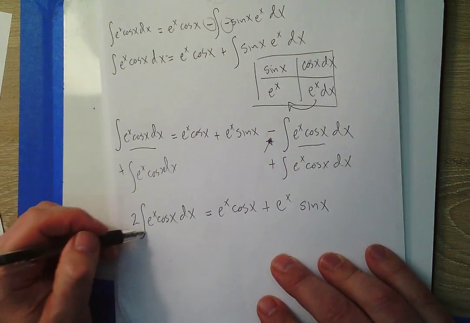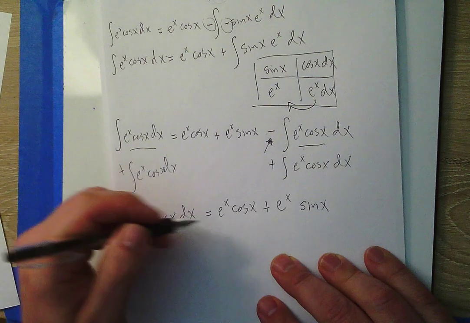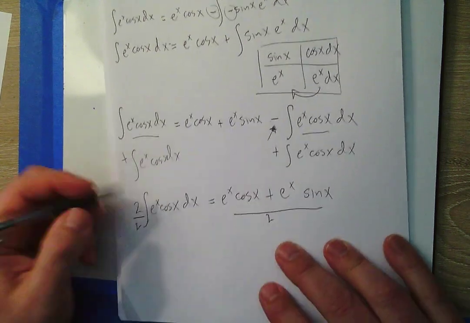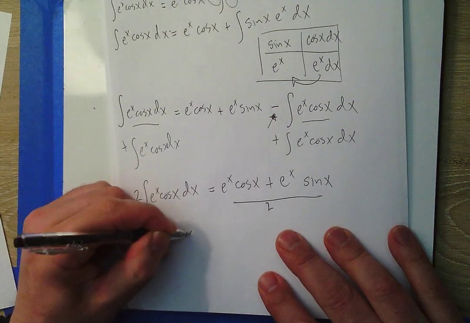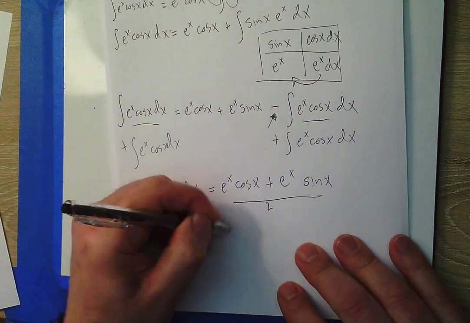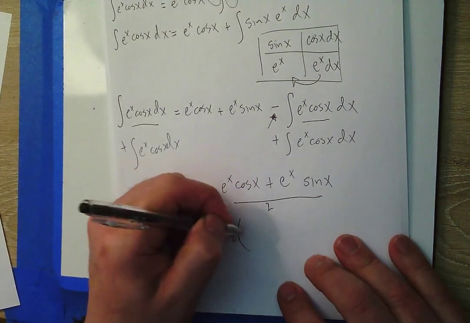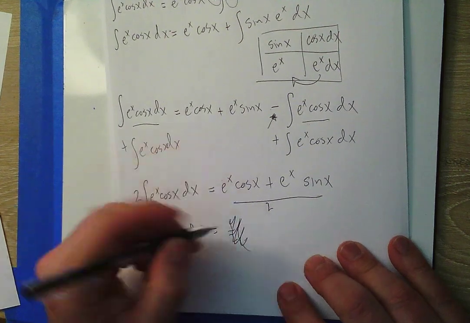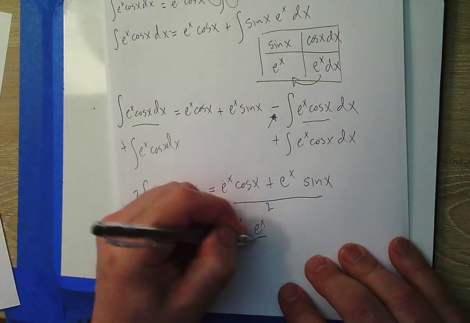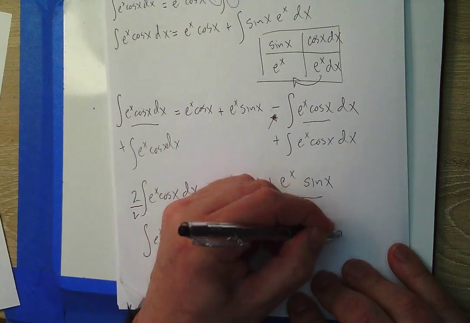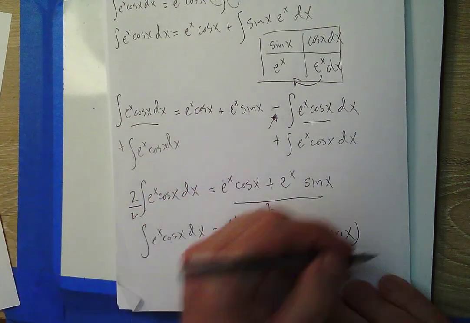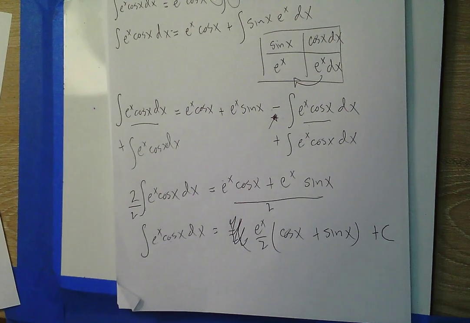So if I want to get this integral by itself, all I have to do is divide by 2. So the integral of e to the x cosine x dx is equal to 1/2. Ooh, I could even factor out that e to the x too. So e to the x over 2 cosine x plus sine x. Don't forget the plus c.